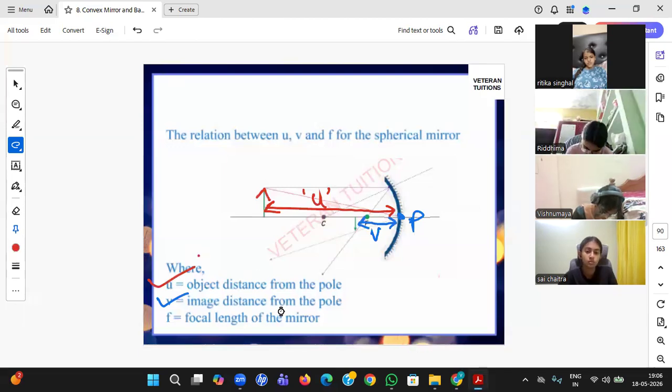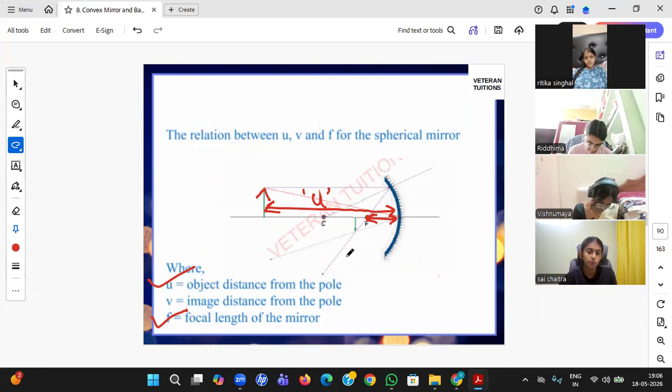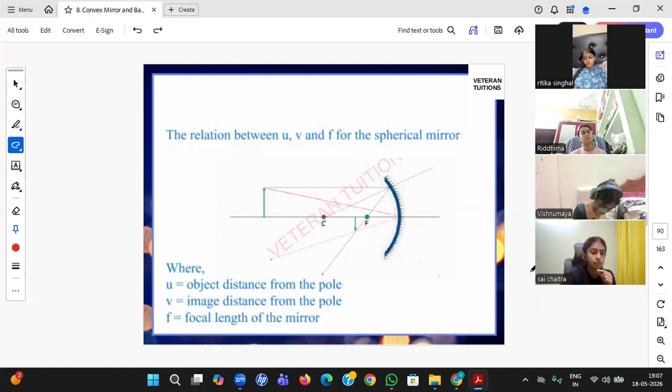And finally, the focal length, student. Focal length: the distance between focus and pole. Sai Chaitra, which type of mirror is this, beta? Which mirror?